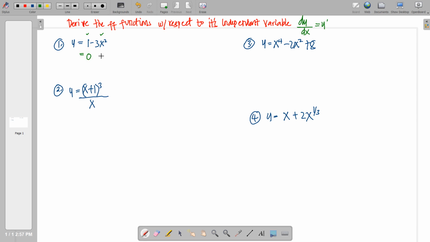And this one is a constant times a variable. As a rule, the derivative of a constant times a variable: we just have to copy the constant. We copy the constant, that is 3, and then we derive the variable.